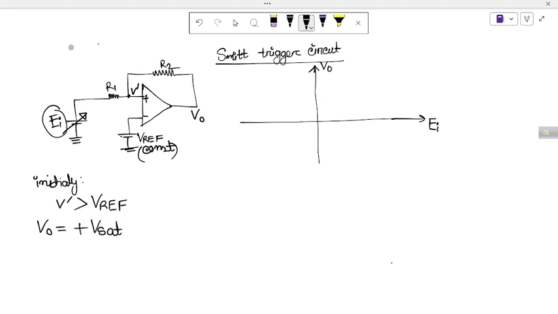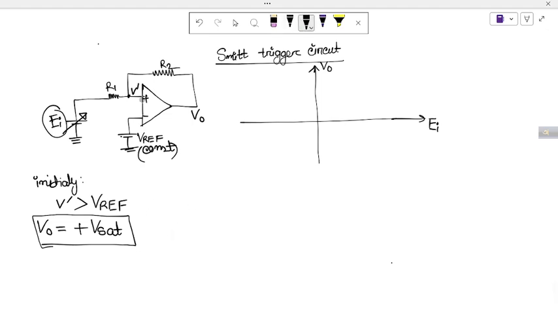Actually, what is positive Vsat? This is the battery's EMF, the battery which is used to power up or bias the op-amp. So the output voltage will simply equal positive Vsat.